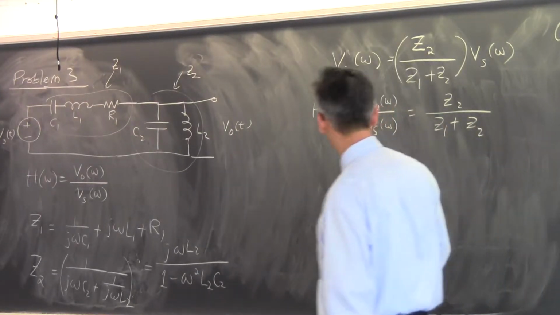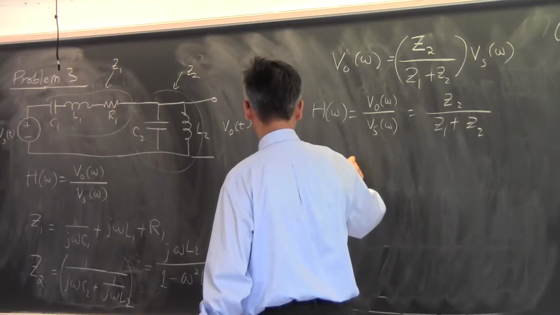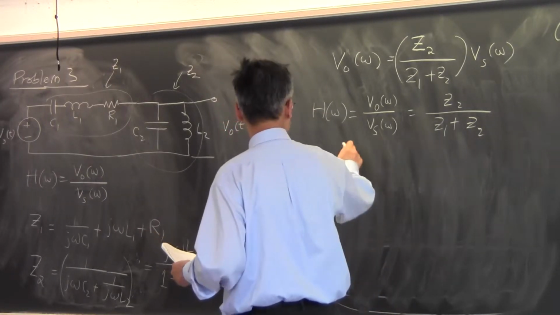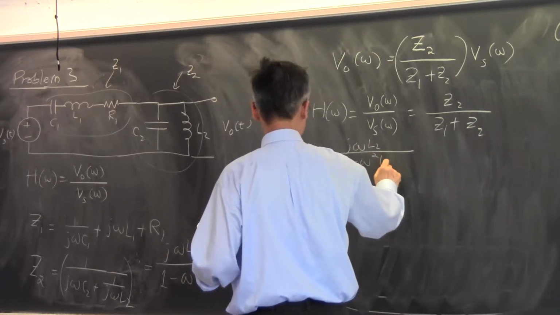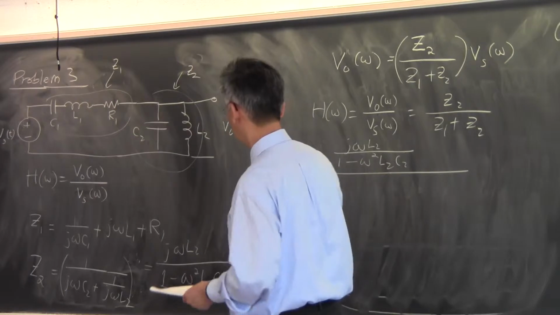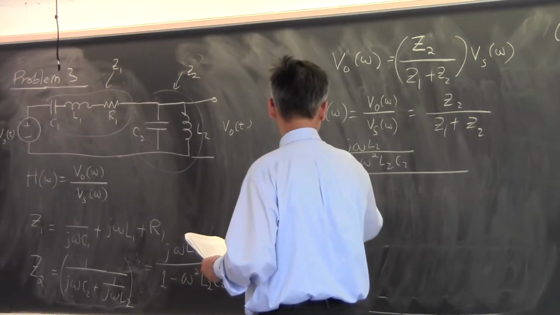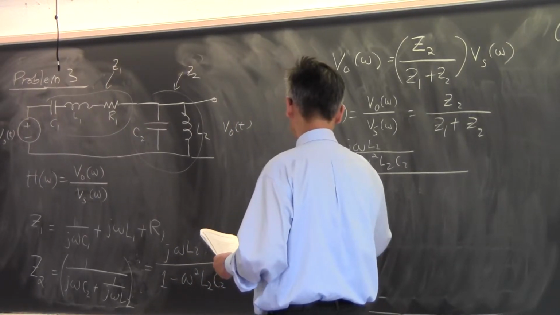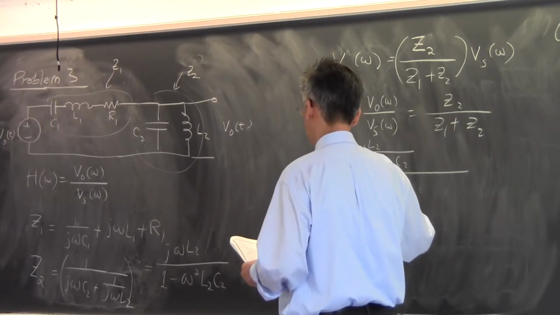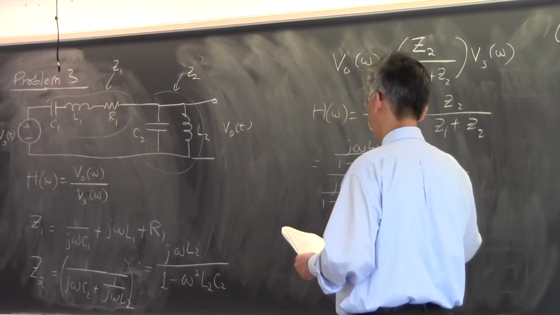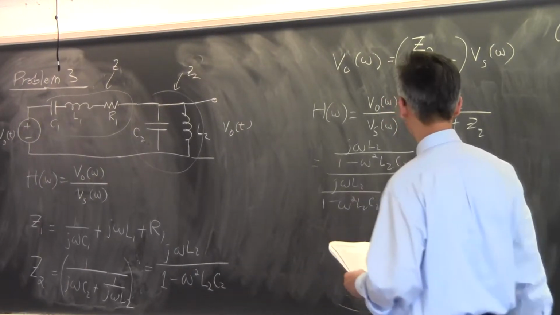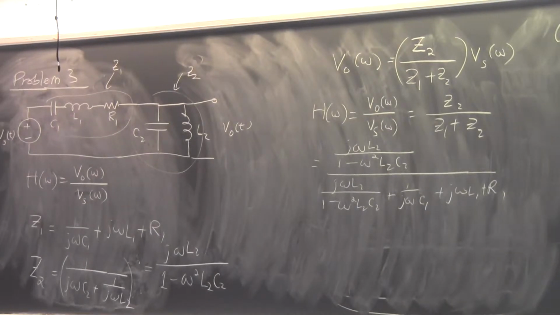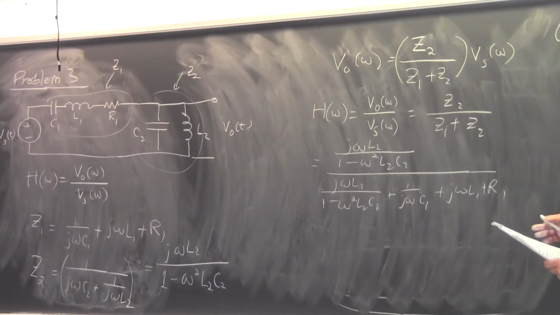And then you can plug those things in if you want to, which is j omega L2 over 1 minus omega squared L2 C2 divided by the sum of the two, which is j omega L2 over 1 minus omega squared L2 C2 plus 1 over j omega C1 plus j omega L1 plus R1. Okay, that is the transfer function if you want to write it up in full.